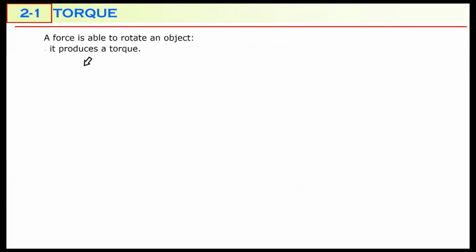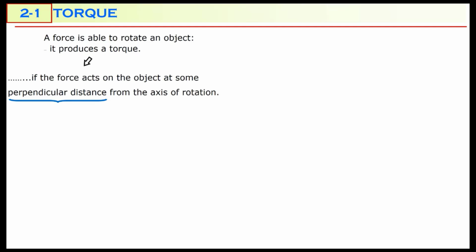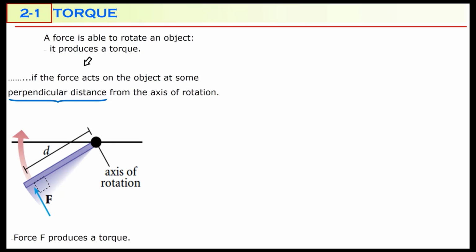Now, a force is able to rotate an object if it produces a torque. A force can produce a torque if, now the condition, the force acts on the object at some perpendicular distance from the axis of rotation. Now, this is the figure. Here is an object. This can be a ruler. I'm going to show you a ruler on my desk, but first I will show it on this big diagram.